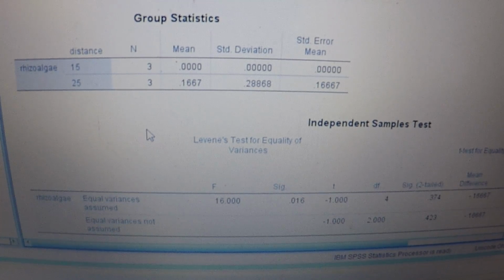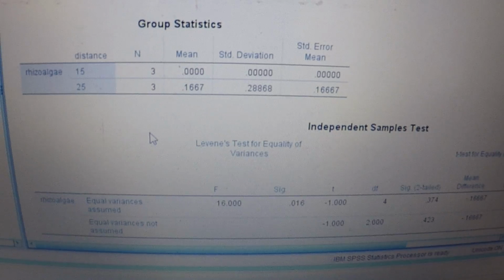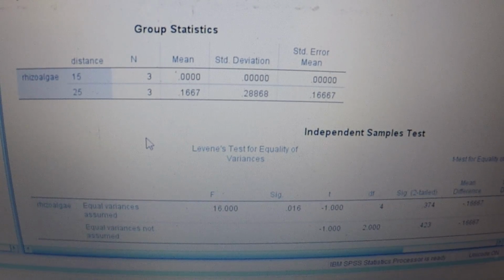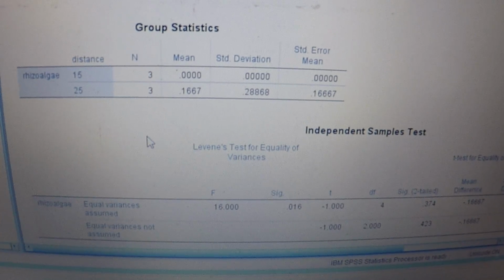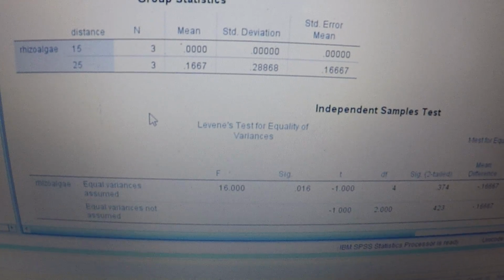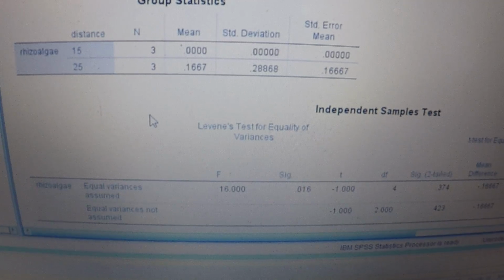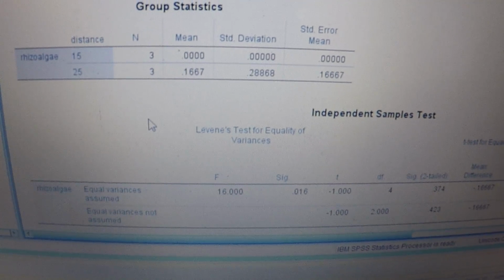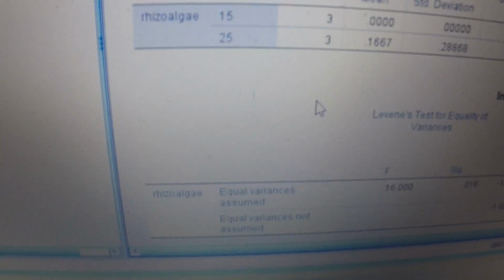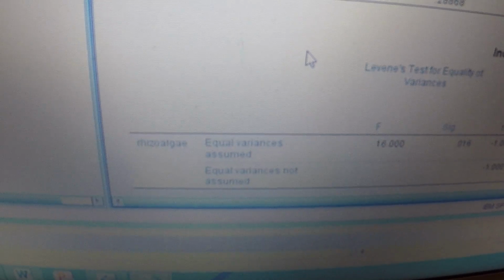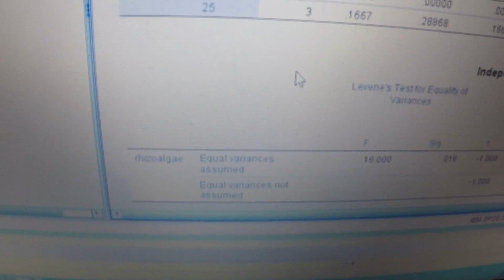And in this particular case, because the p-value is equal to or lower than alpha, which is 0.05, what that means is, in this case, we do not meet the assumption of equal variances. And what that is going to go ahead and indicate to us is whether or not we are going to use the equal variance as assumed or the equal variances not assumed row.